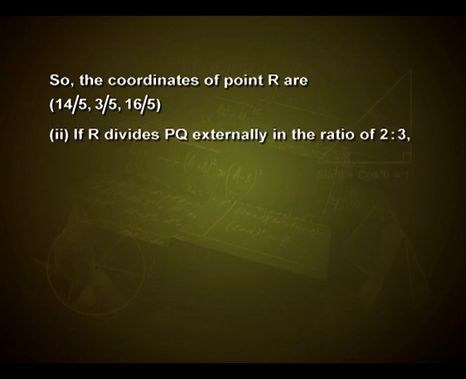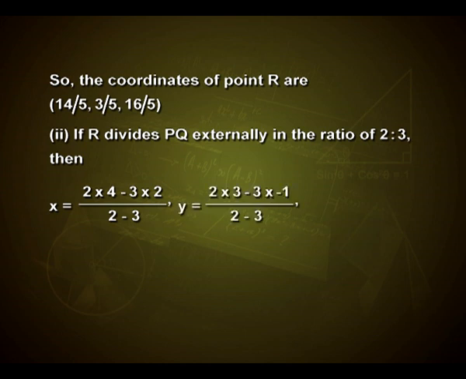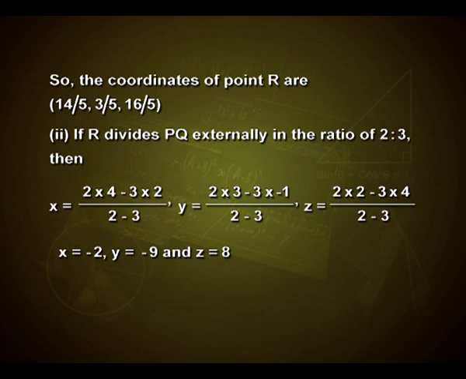If R divides PQ externally in the ratio 2:3, then the x coordinate is (2 into 4 minus 3 into 2) upon (2 minus 3), the y coordinate is (2 into 3 minus 3 into -1) upon (2 minus 3), and the z coordinate will be (2 into 2 minus 3 into 4) upon (2 minus 3), which on simplification gives us x is equal to -2, y is equal to -9 and z is equal to 8.